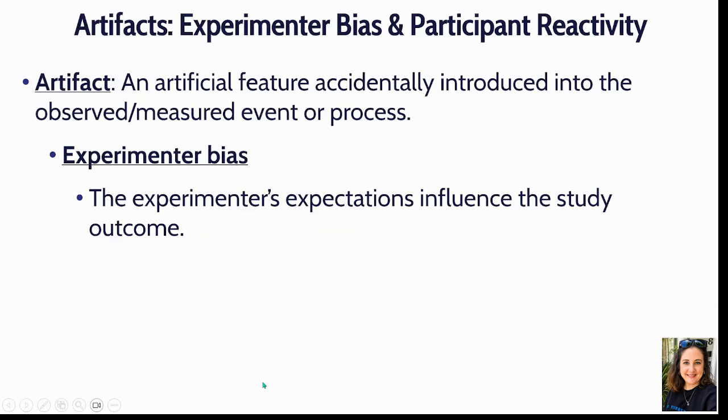We also have to keep in mind that artifacts exist. Artifacts are artificial features that are accidentally introduced into our procedure. One of these is experimenter bias, and that's when you, the experimenter, your expectation actually influences the outcome of the study.